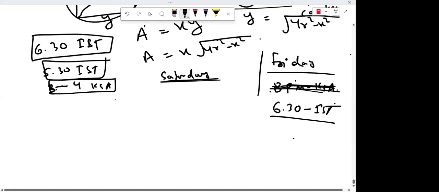Okay, we have got A as x root 4r square minus x square.